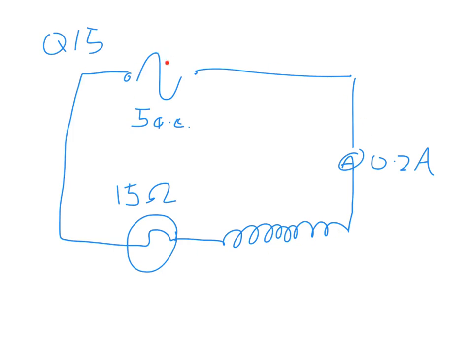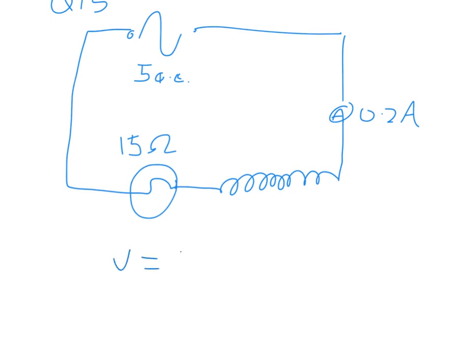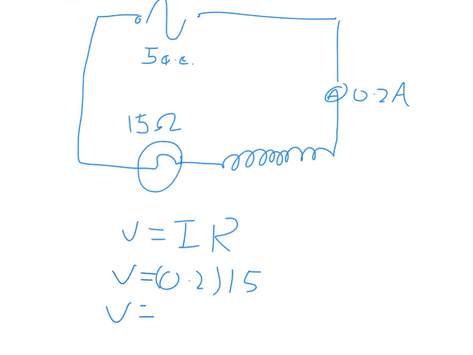So we know that there's a voltage of 5 volts applied at the mains or at the cell where it's hooked up to the mains. Now all that we're going to try and do is figure out what the effective voltage is. If we use Ohm's law for this bulb, V equals IR, we multiply the current 0.2 times the resistance, which is 15. That gives us an effective voltage of 3. So there is a potential difference of 3 volts across the circuit, even though 5 volts has been applied.